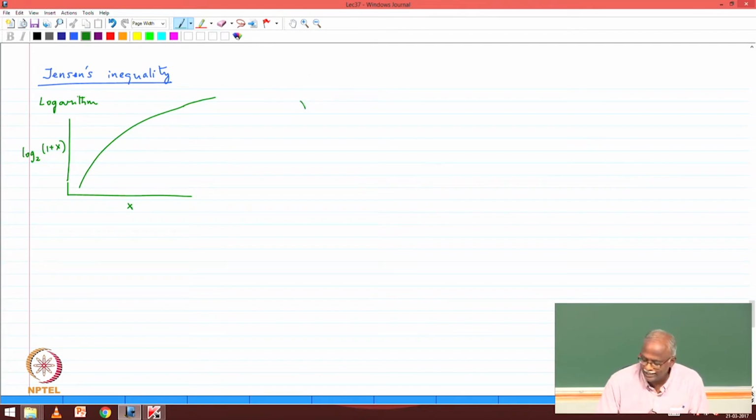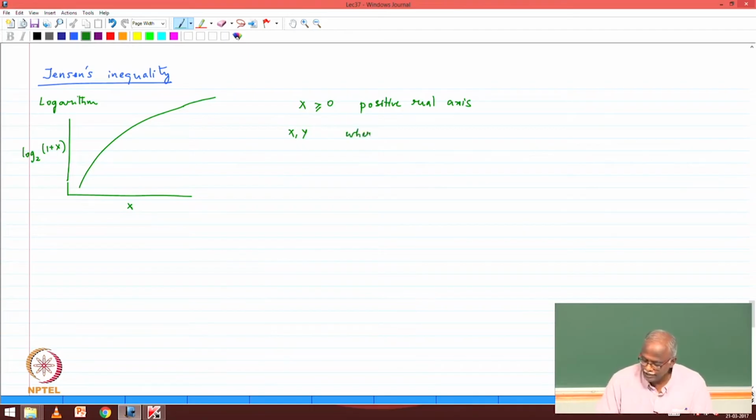Basically x is greater than or equal to 0, the positive real axis, and you look at 2 points x and y.